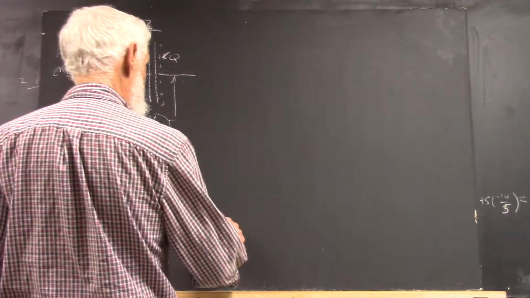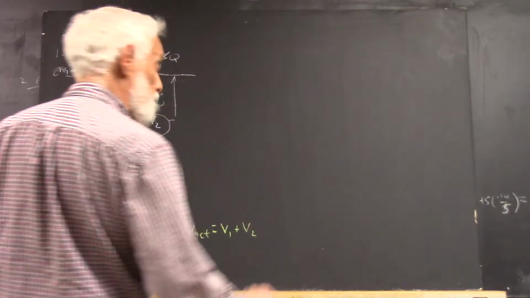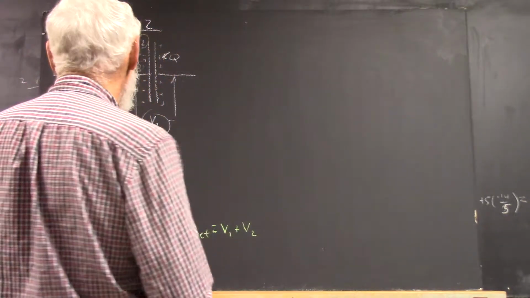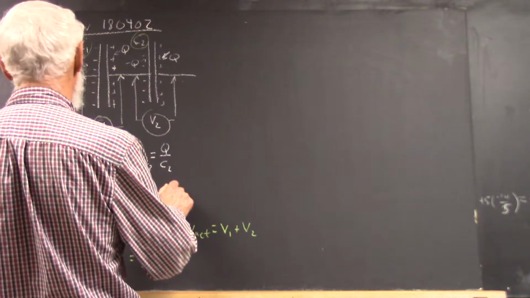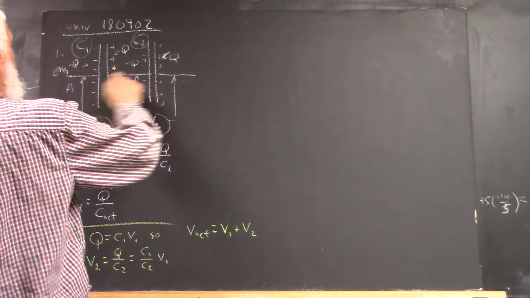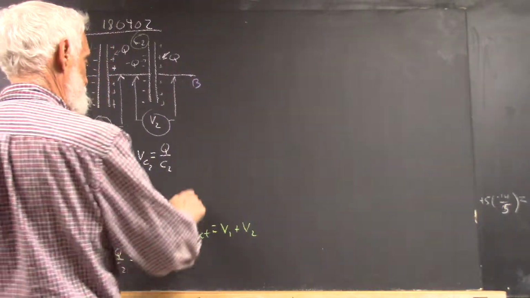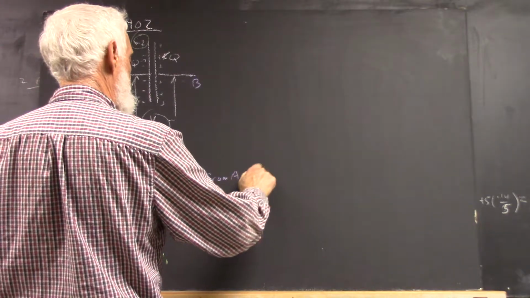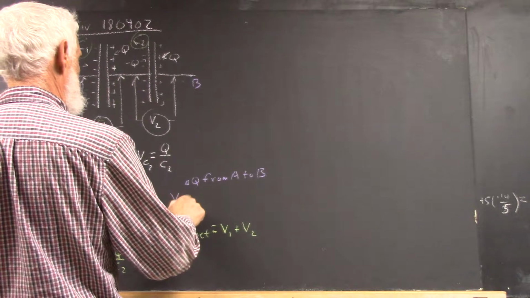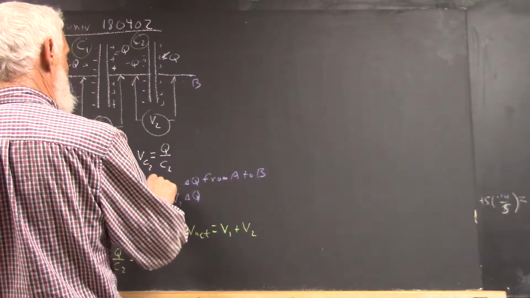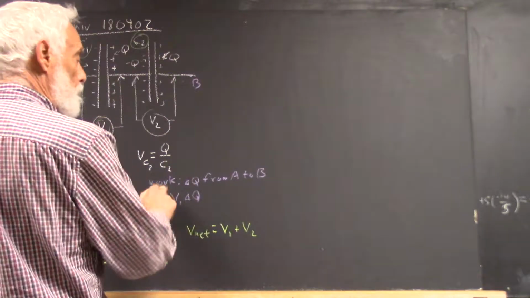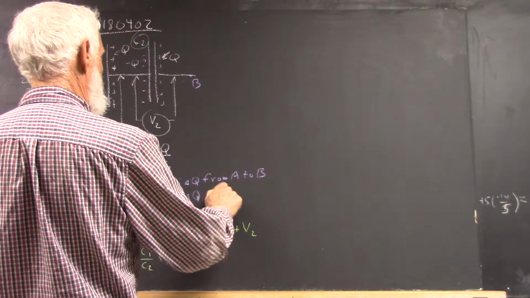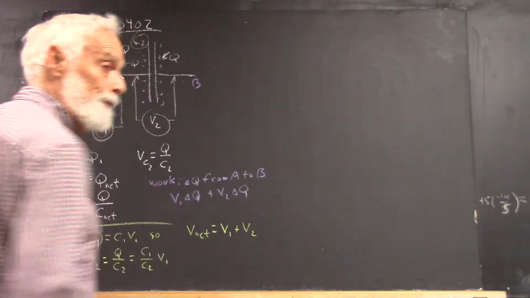So V net is V1 plus V2. Okay? And the reason is, let's say here's point A and here's point B. Work to move delta Q from A to B is V1 delta Q plus V2 delta Q. Right?